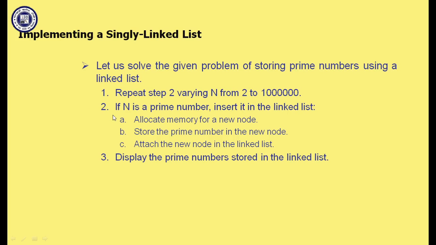If n is a prime number, then insert it into the linked list. For insertion, allocate memory for the new node, store the prime number in the new node, and attach the new node in the linked list. After this, display the prime numbers stored in the linked list.